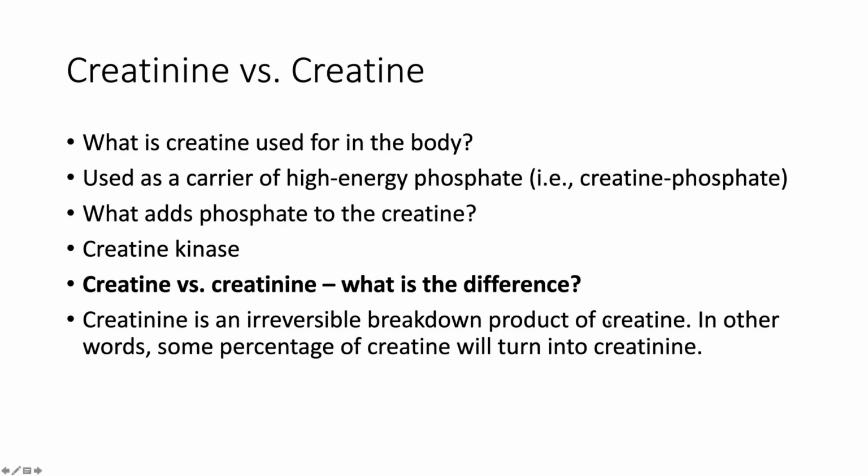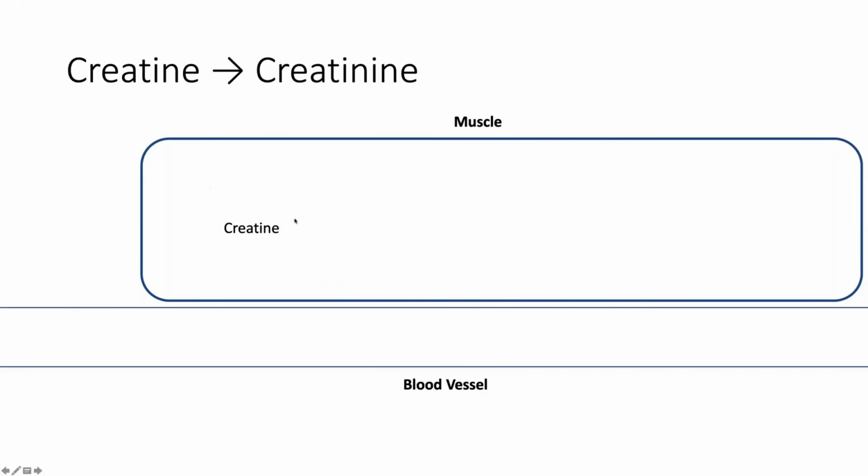It becomes creatinine. If I've got 100 creatine molecules, some fraction of them are going to be turning into creatinine every hour. Let's just orient ourselves to what creatine does and what creatinine is and why we use it. So this is a muscle, and this is a blood vessel. Creatine kinase, CK. Kinases phosphorylate things, so creatine becomes creatine phosphate.